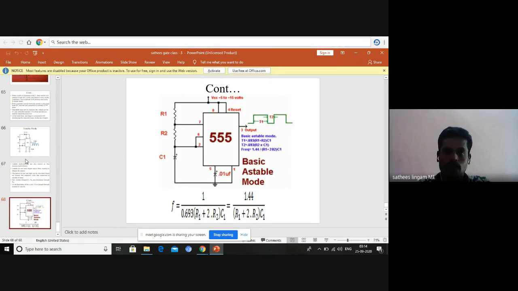T2 for the astable multivibrator will be 0.693 R2 C1. The total frequency is 1.44 divided by (R1 plus 2R2) C1. So F equals 1 by 0.693 (R1 plus 2R2) C1, which is 1.44 divided by (R1 plus 2R2) C1. This is the common way we use the 555 timer.